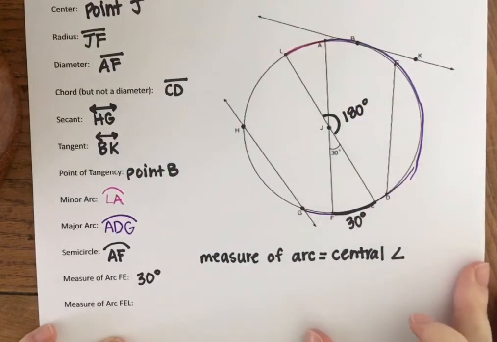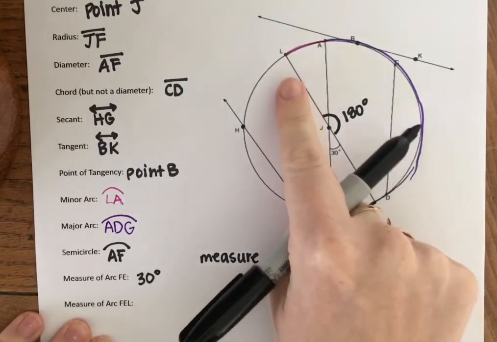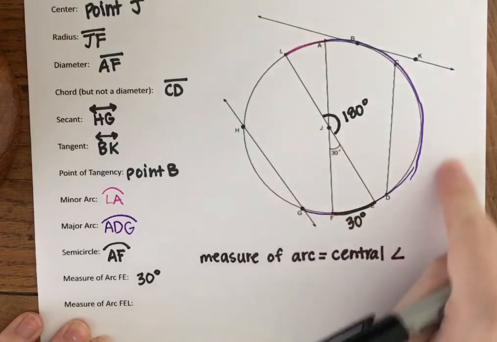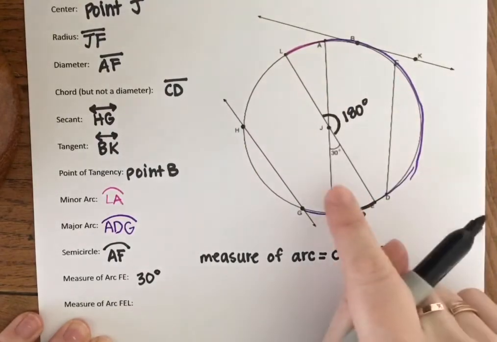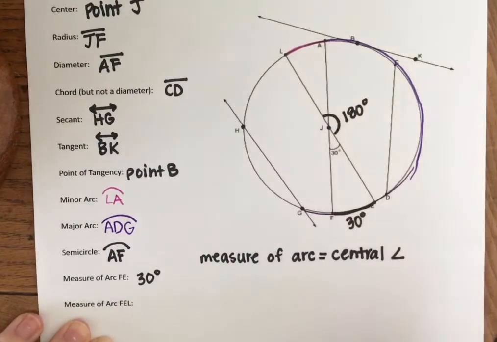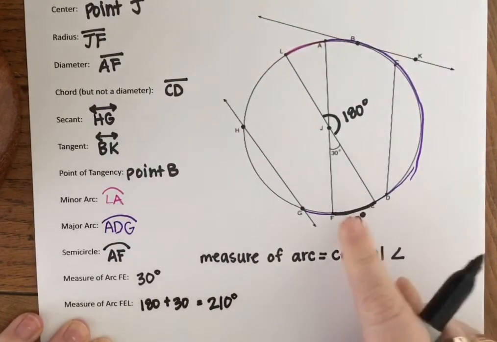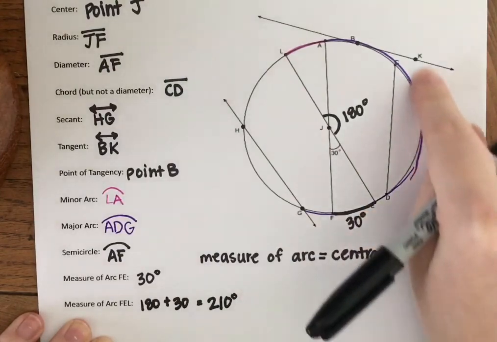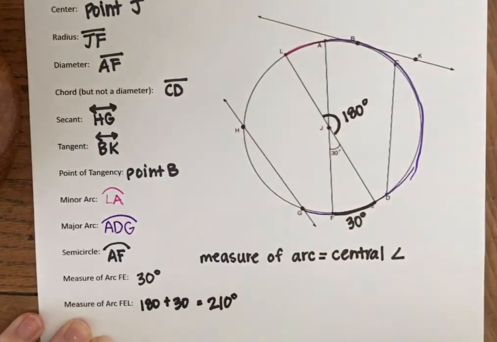Again, halfway around my circle is 180, right? So if I'm going from here to there, okay, I've got the 30 already from here, and then I've got the 180 from the rest of it. So I need to add those two parts together. 180 plus 30 is going to give me 210 degrees. So from F all the way around to L is going to be 210 degrees.